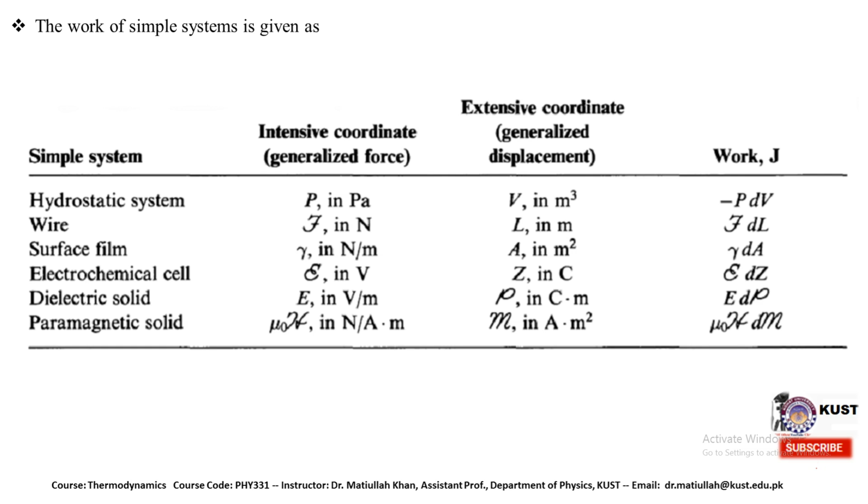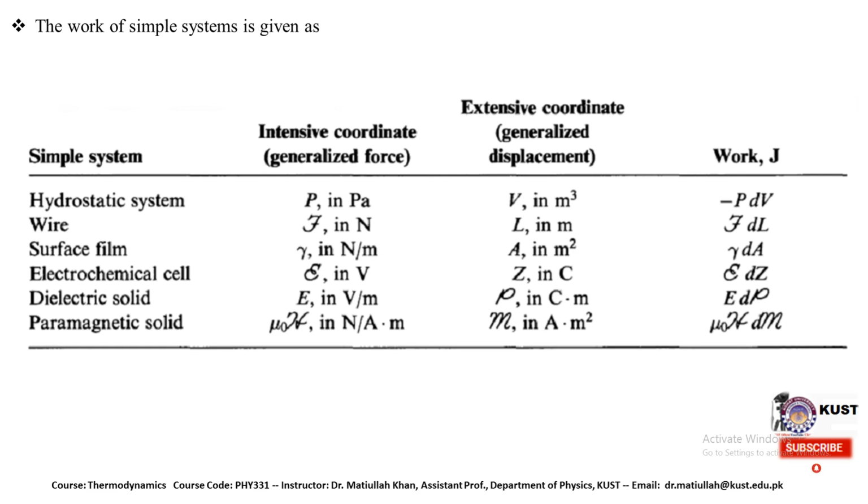Similarly, if you consider a surface film, in this case gamma, the surface tension, is expressed in the unit of Newton per meter, and similarly the area that is expressed in square meters is the generalized displacement.